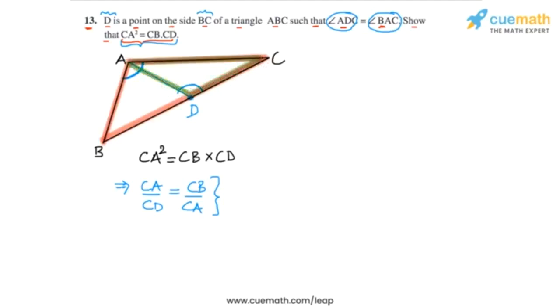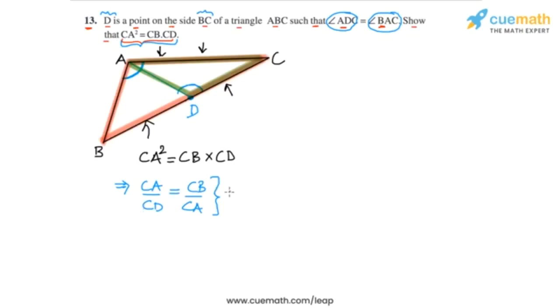In these two triangles, what this relationship is telling us is that CA in triangle ABC by CD in triangle ADC is equal to CB in triangle ABC by CA in triangle ADC. So in other words, these sides in the two triangles are proportional.